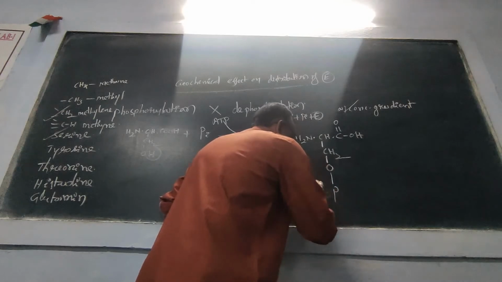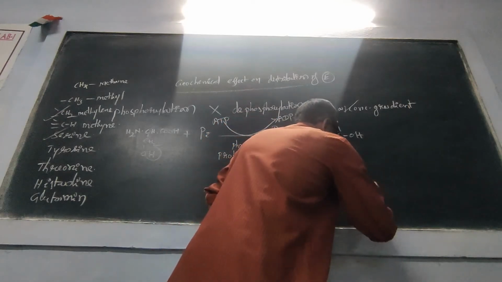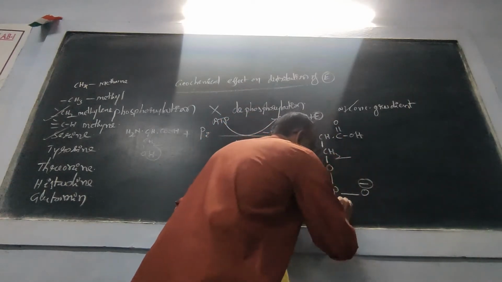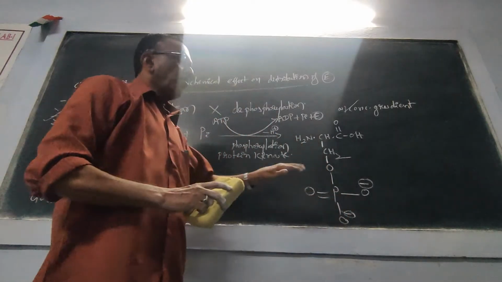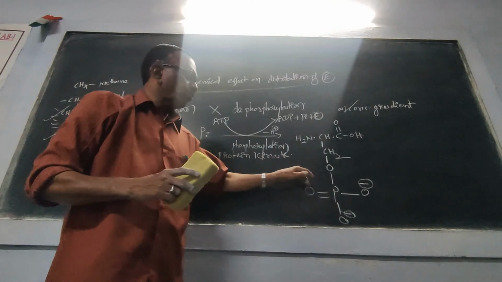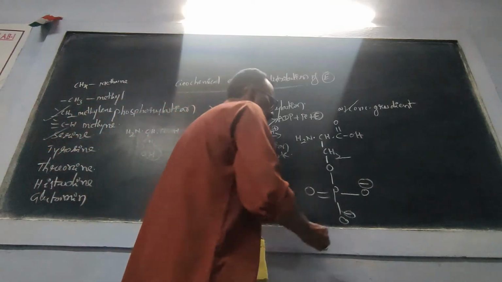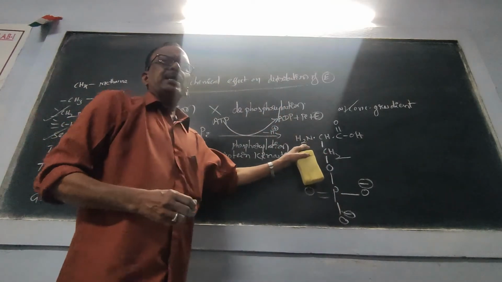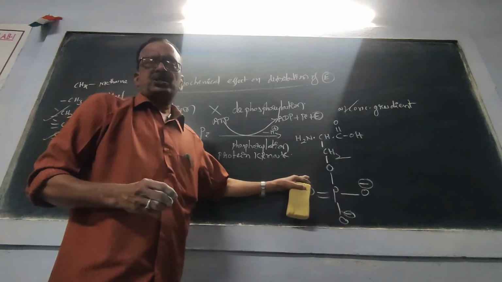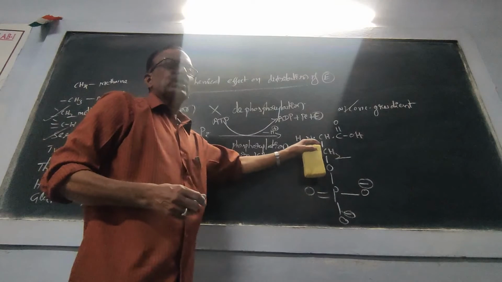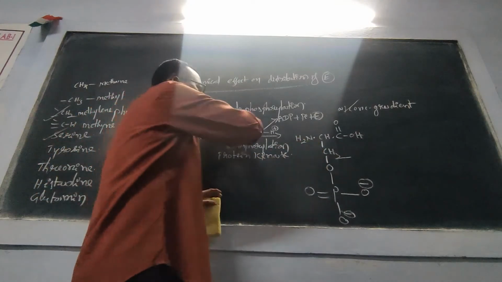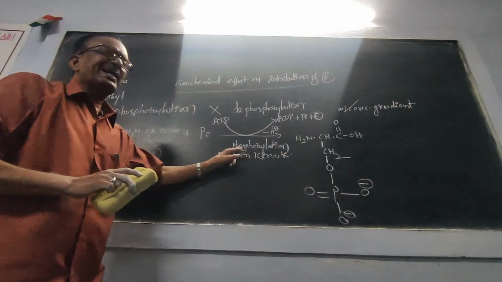Phosphorus with one oxygen double bond, and a single bond oxygen carrying a negative charge. So minus 3 will become minus 2. This is serine phosphate. So the phosphate group is attached to the protein. That's why this process is called phosphorylation.